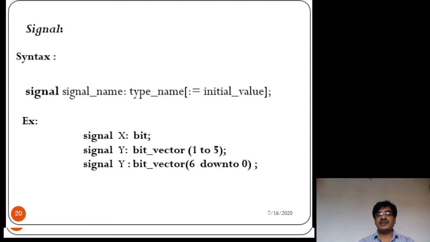In the previous case, X can accept only 1 bit at a time, whereas Y can accept how many bits? 5 bits. So 5 bit data you can assign to this Y. Similarly, the third example also declares y as an array with 7 locations, each location of type bit. So like that signals can be declared.